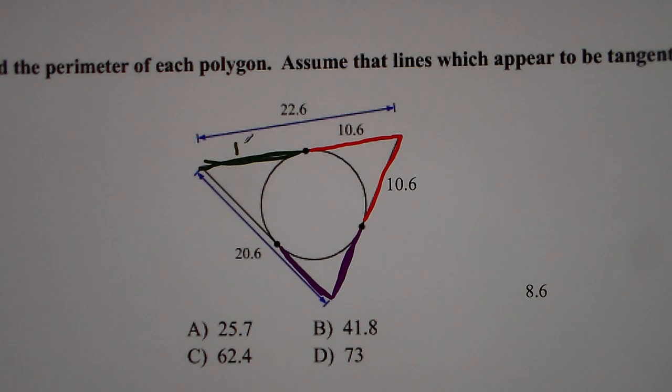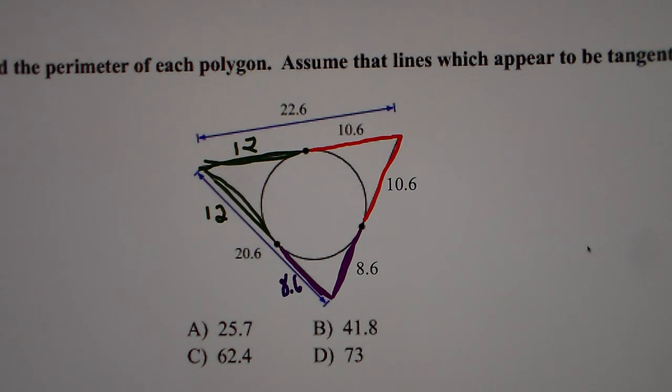So this purple guy is 12. So if that green guy is 12, this green guy also has to be 12. 20.6 minus 12, we put that in the calculator, and we get 8.6. So this purple guy is going to be 8.6. That's how I get that 8.6 over there.